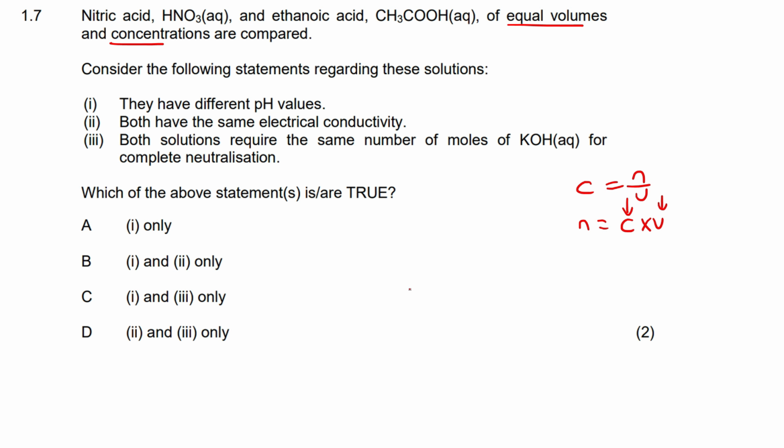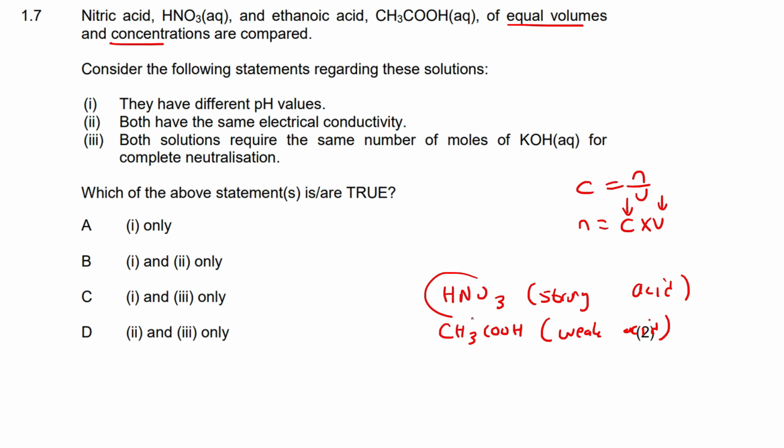So we've got equal moles of HNO3, which is, remember, a strong acid by definition. You just have to know that. And CH3COOH, which is a weak acid. So if I give you equal moles of each one, we know that the strong acid would ionize completely in water, whereas this one would not.